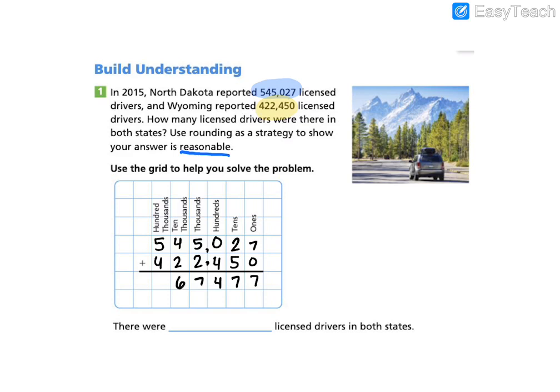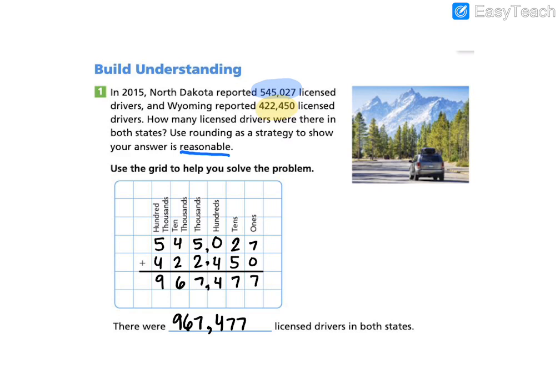And 500,000s plus 400,000s is equal to 900,000s. So we can go ahead and answer. There were 967,477 licensed drivers in both states.